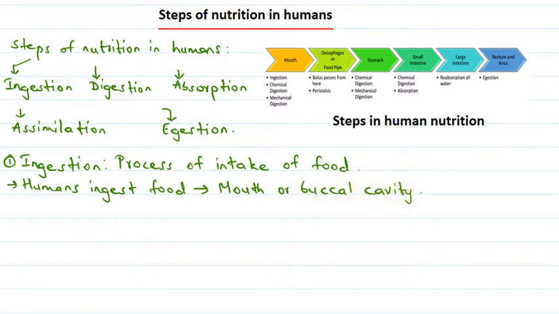This process of taking in food is called ingestion. Then in the mouth there is saliva that contains enzymes, which starts breaking down the food. Then mechanical breaking down also starts in the mouth, that is, when we chew the food it gets mechanically broken down, right? So ingestion, the intake of food, is the first step of nutrition in human beings, which takes place through the mouth or buccal cavity.